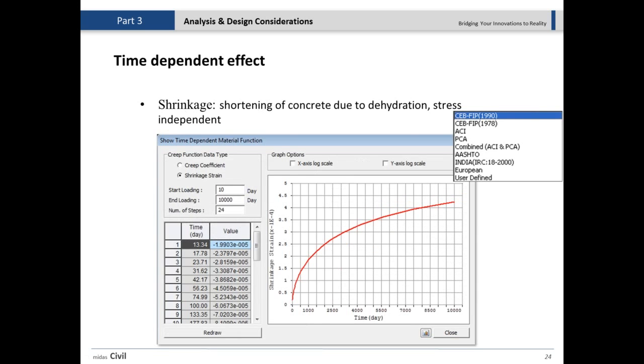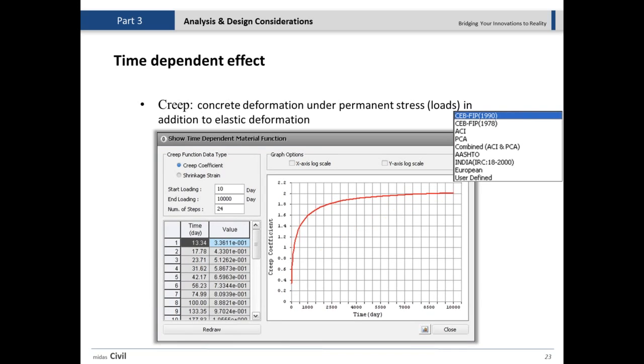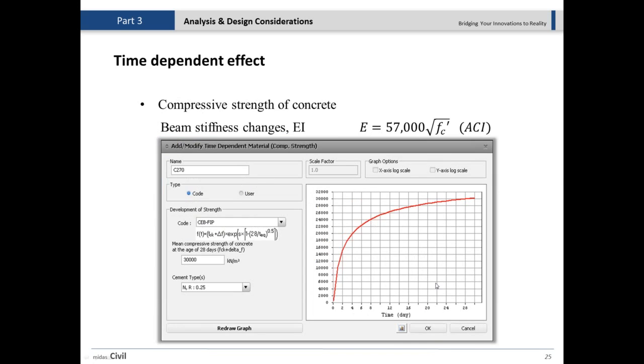Another time-dependent material property is the compressive strength of concrete. Creep and shrinkage normally have long-term effects. As you can see, it goes to 10,000 days and the curve changes. But the compressive strength of concrete we can consider a kind of short-term effect, because after 28 days concrete carries 97 or 98% of its strength.